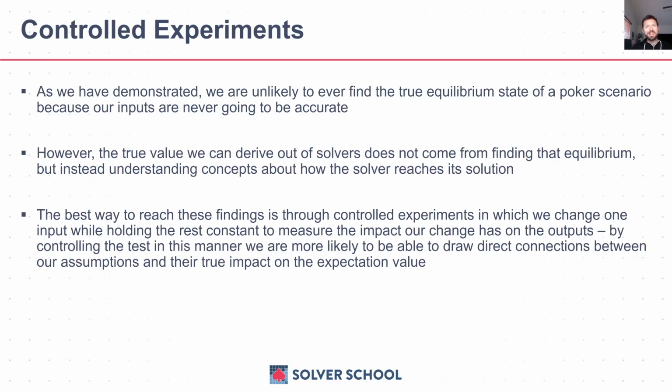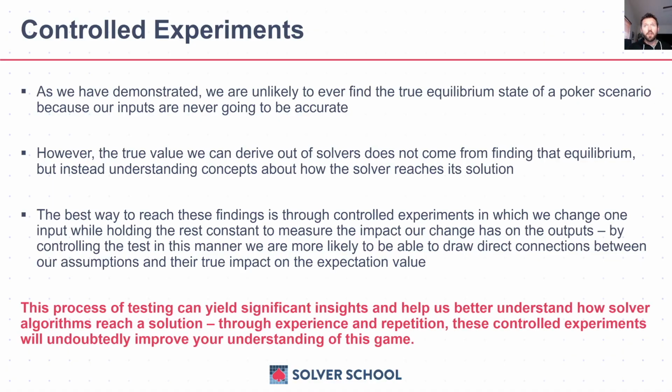By controlling the test in this manner, we're more likely to be able to draw direct connections between our assumptions and their true impact on the expectation value. Now, this process of testing can yield some really important insights and help us better understand how the solver algorithms reach a solution. You hear that all the time when people are talking about solvers: we want to understand how the algorithms are reaching a solution.